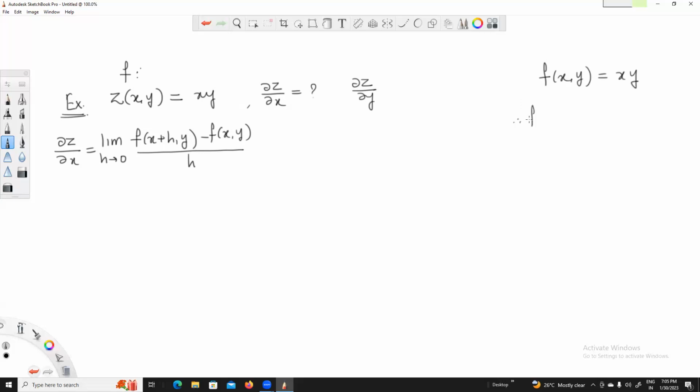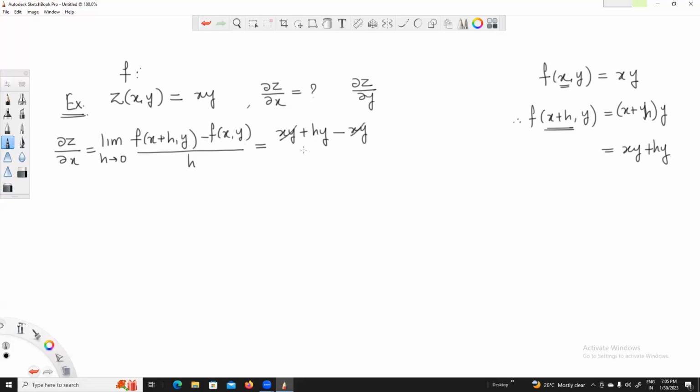Therefore, f of x plus h comma y. So instead of x, you need to put x plus h here. So this would become x plus h multiplied by y. So this is xy plus hy. So if I use this here, this is xy plus hy minus f of x comma y, which is xy.